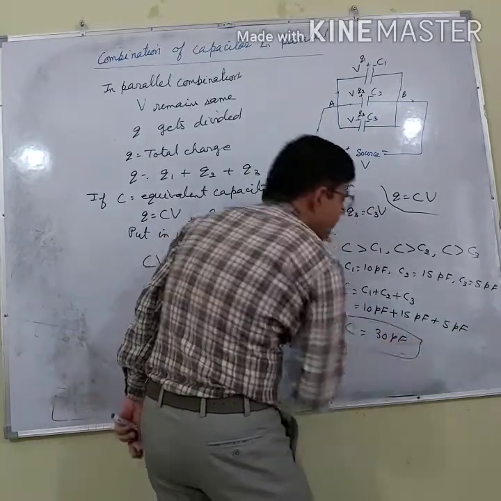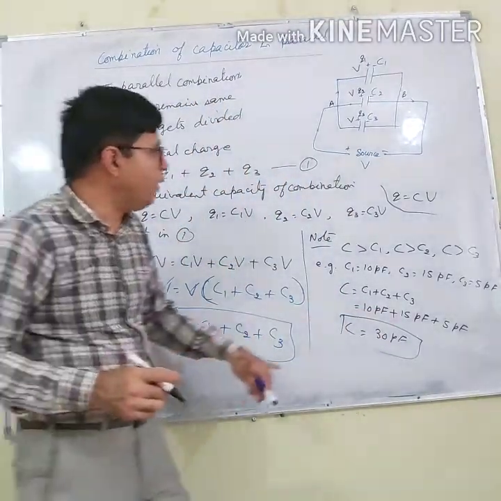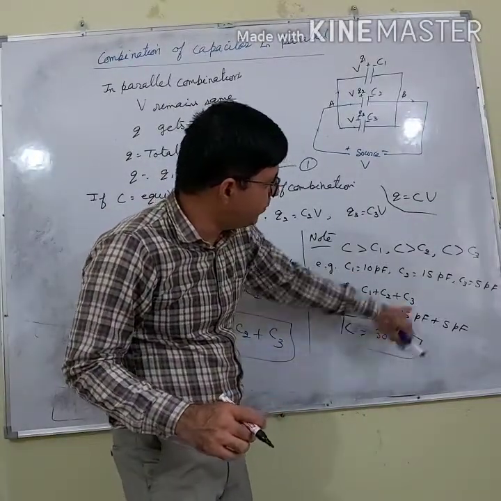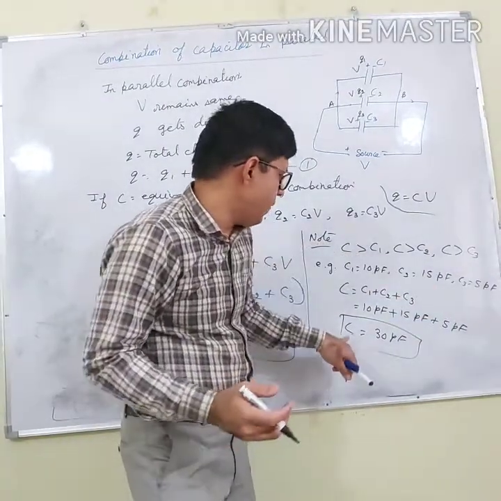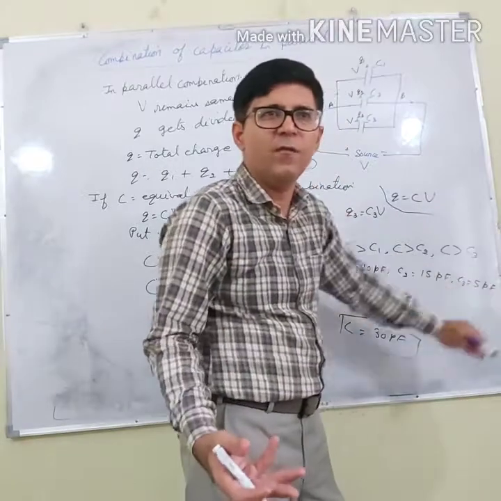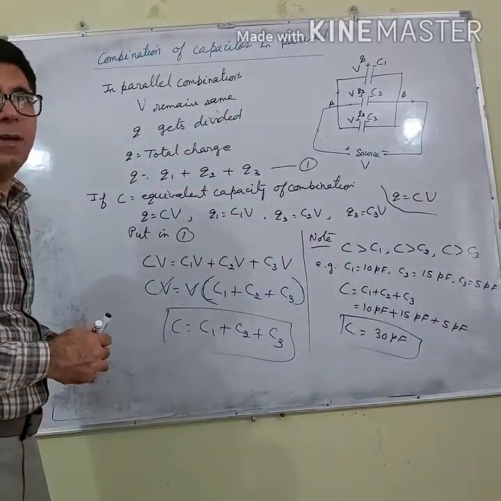So total capacity is 30 picofarad. And 30 picofarad is greater than C1, greater than C2, which is 15 picofarad, and total capacity is greater than C3, which is 5 picofarad. So this was the case of the parallel combination.